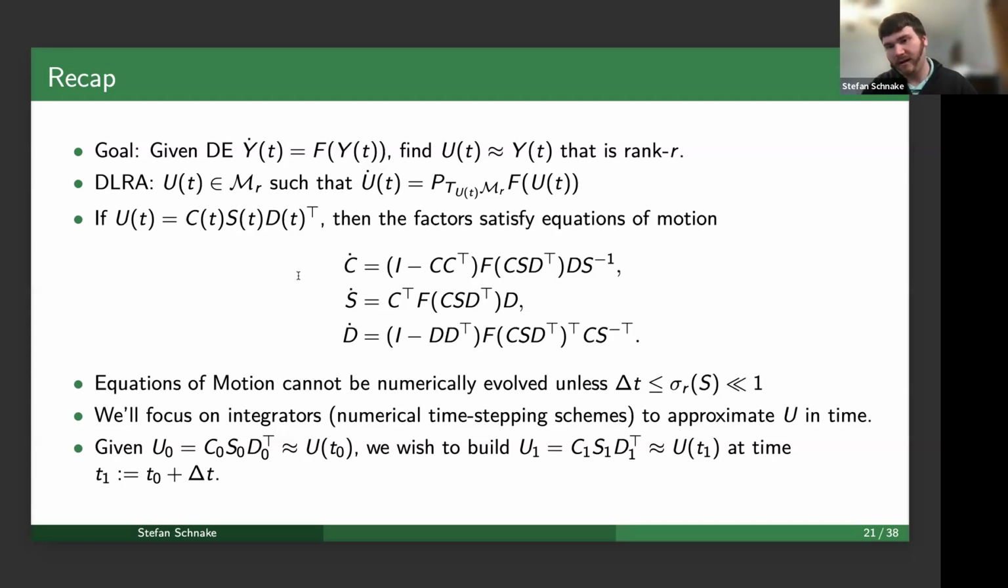This is usually much lower than 1, and in the case of overapproximation, where you want to make sure you have low consistency error of your rank approximation, this gives you time steps that are too small to be practical.